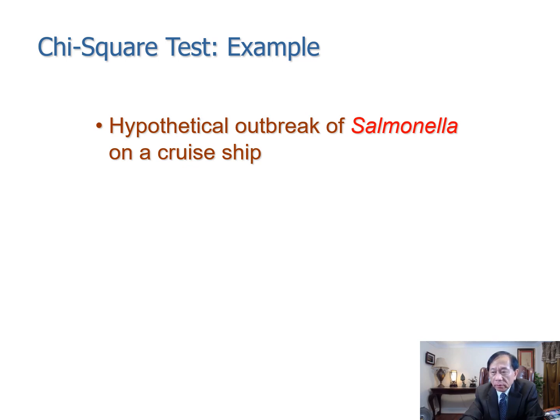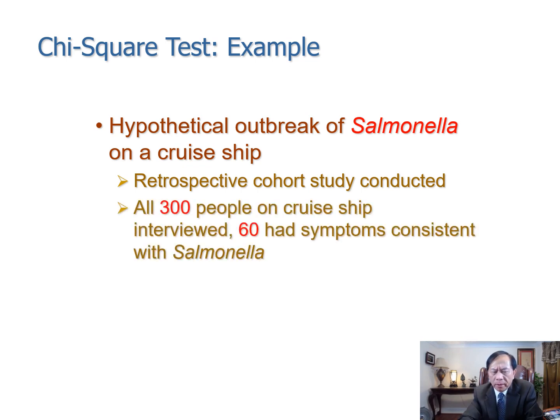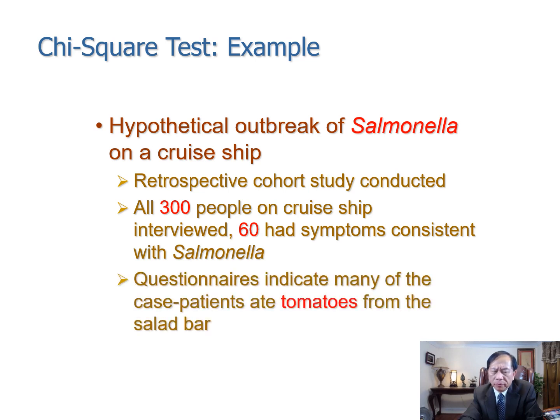When it takes place, we take a look at what happened and what is causing it. A retrospective cohort study is conducted. They found that of all 300 people on the cruise ship interviewed, 60 had symptoms consistent with salmonella.